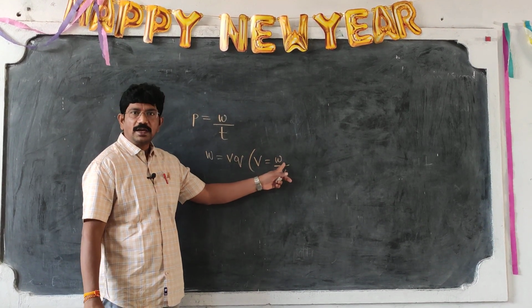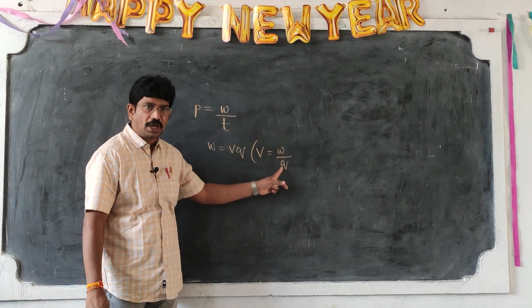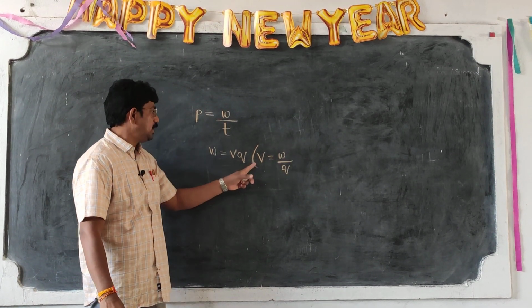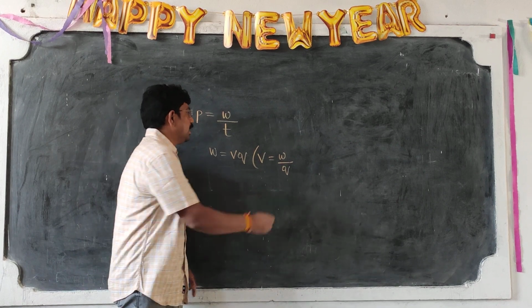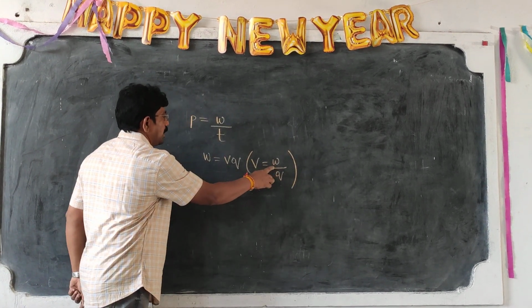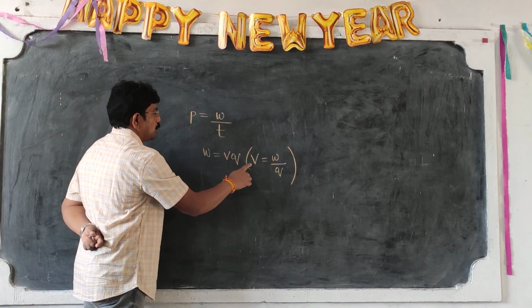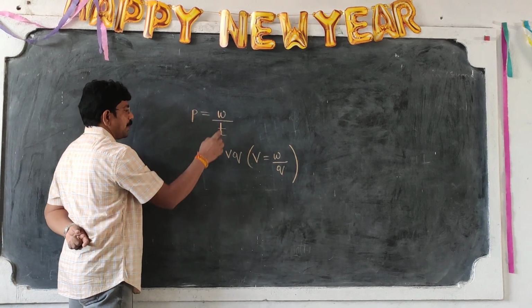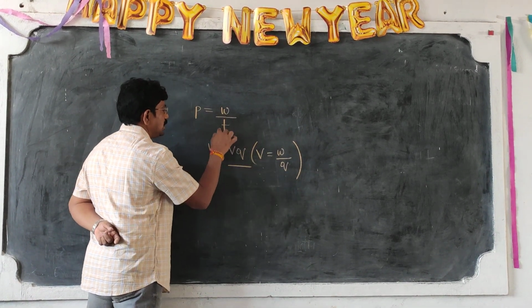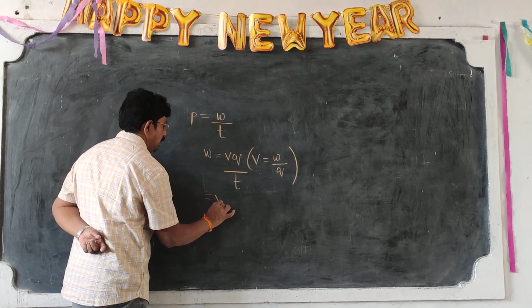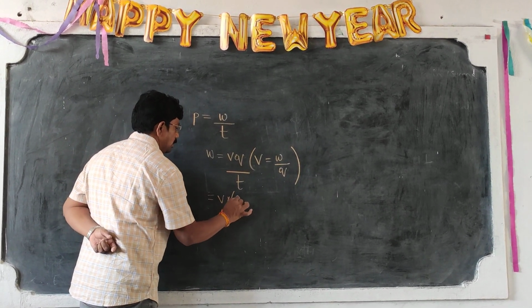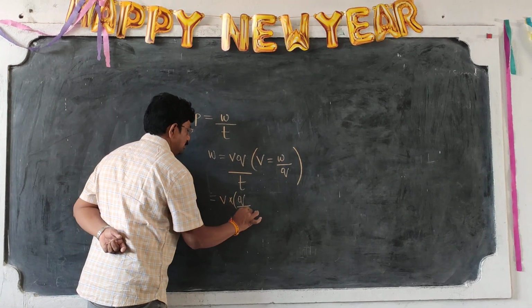The amount of work done to move unit charge is defined as 1 volt. Now from this, by cross multiplication, work done W is equal to V into Q. Divided by time, as it is I am writing. V into, this can be written like this, Q by T. Can we write like this?